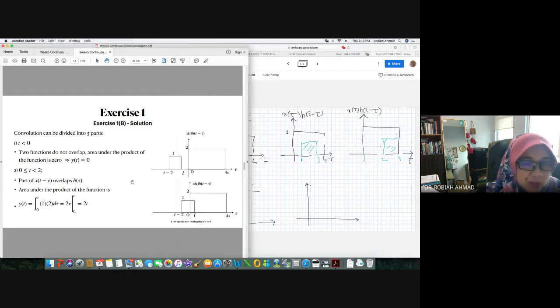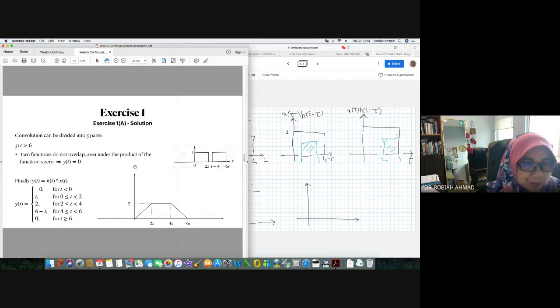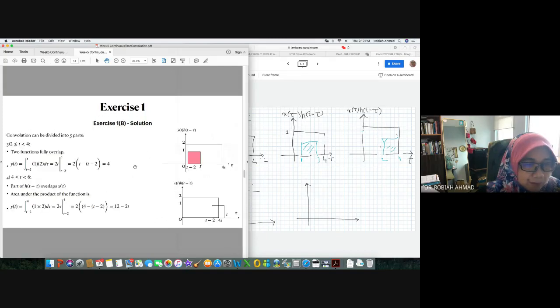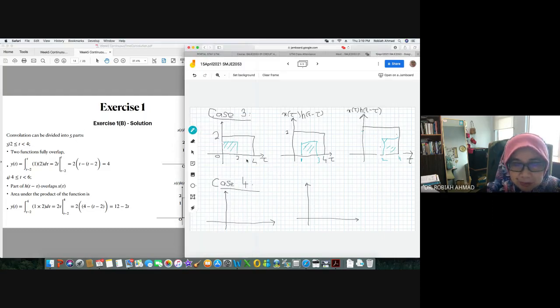Okay, so how are we going to find the value? These two functions overlap between, if we look, between when t, this one is actually t, and this one is t minus 2.